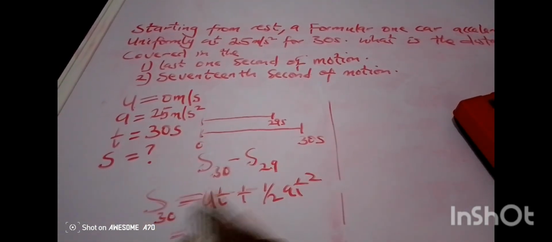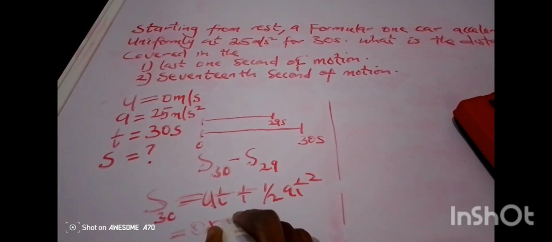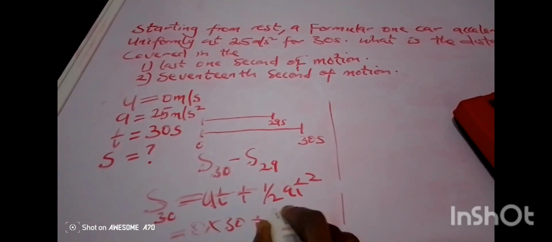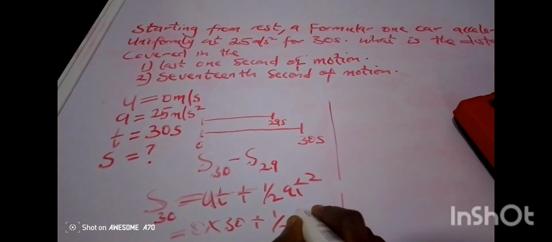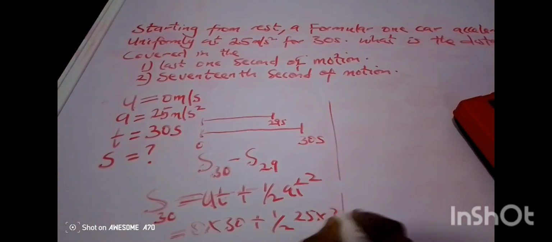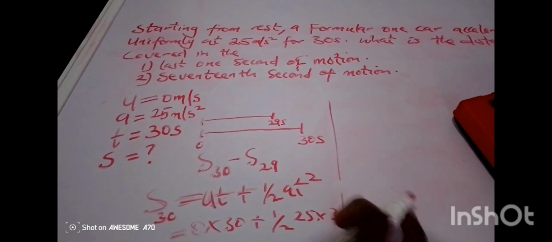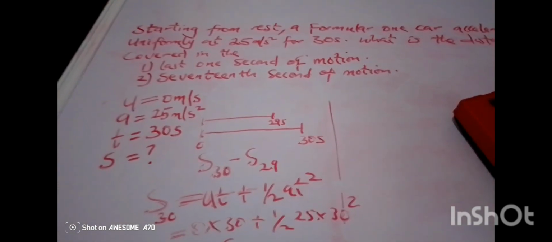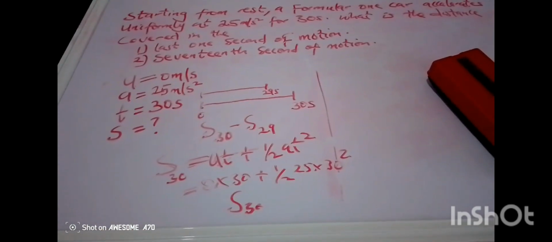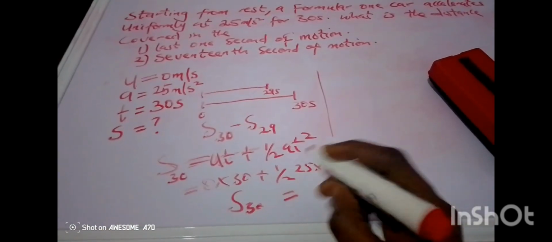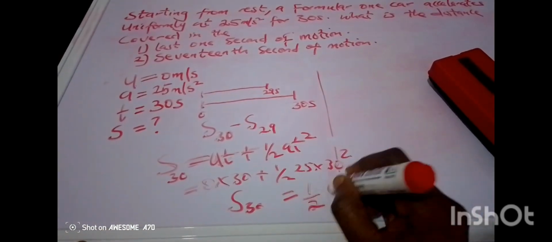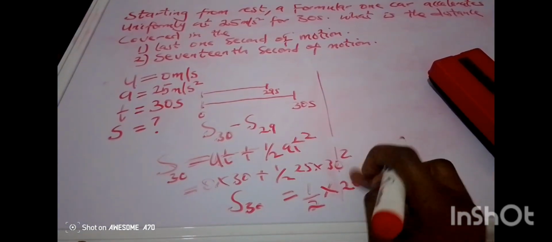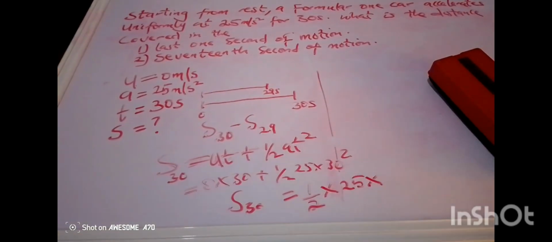Our U is 0 multiplied by T, which is 30, plus half A, where A is 25, times T squared, that is 30 squared. 0 times 30 has gone. So S, the distance covered in 30 seconds, is going to be 1 over 2 multiplied by 25, multiplied by 30 squared.